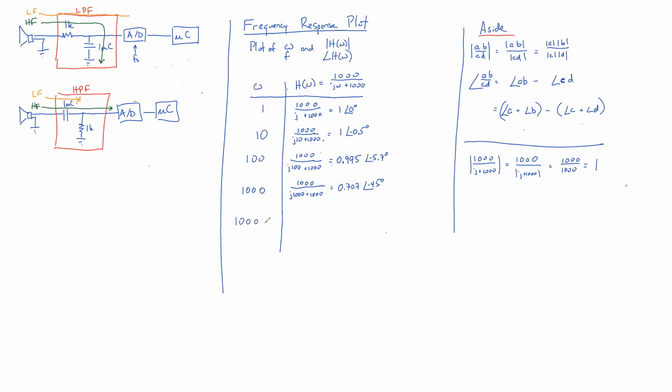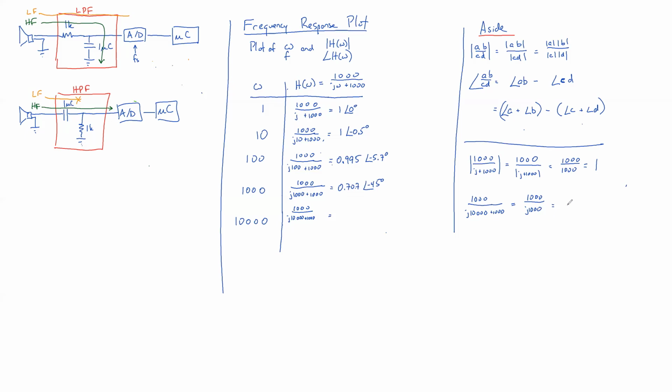But once we get higher values, you can see the pattern on the left. Now we can do the simplification again. We can say 1,000 over j 10,000 plus 1,000 is going to be pretty close to 1,000 over j 10,000.